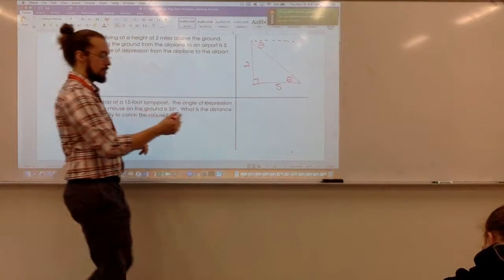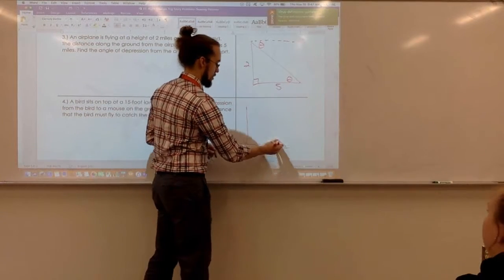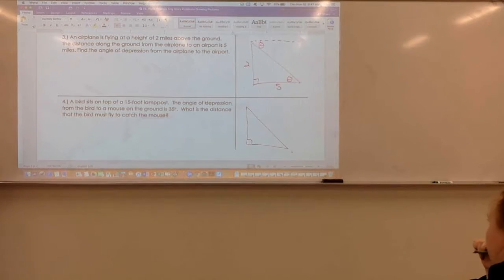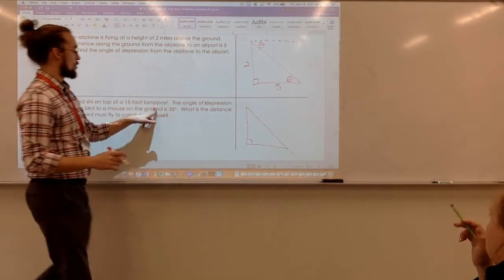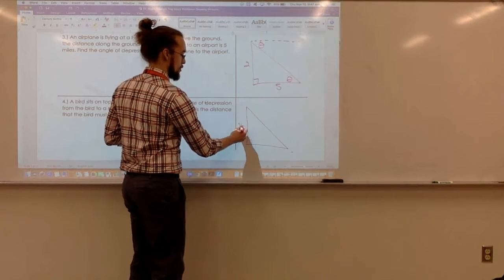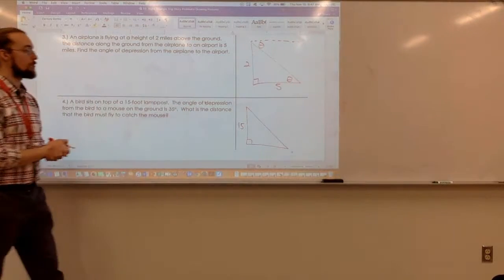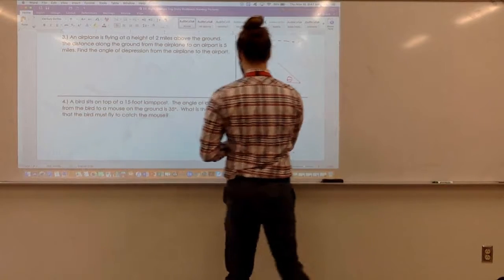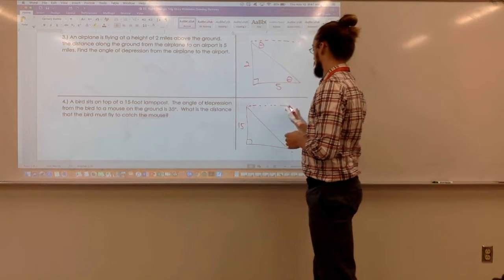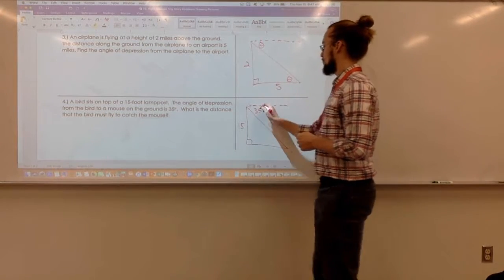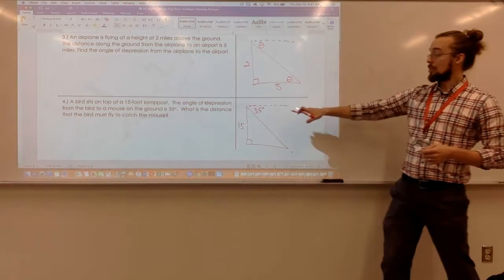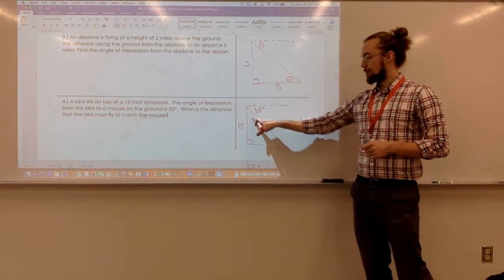Okay, so let's draw my right triangle. We have a 15-foot lamppost, so this would be the height of my lamppost. The angle of depression is 35 degrees, meaning which angle in here would be 35?